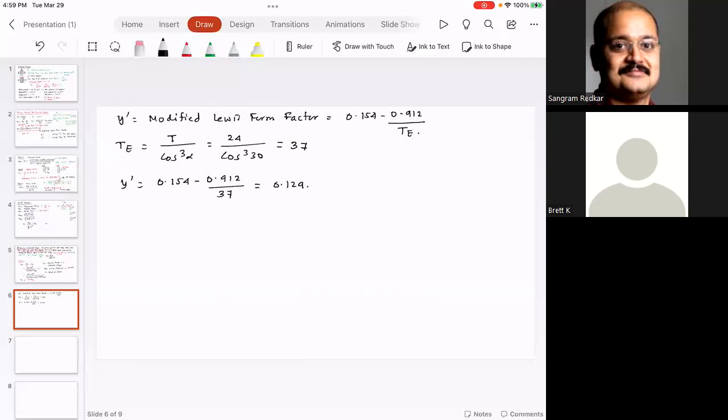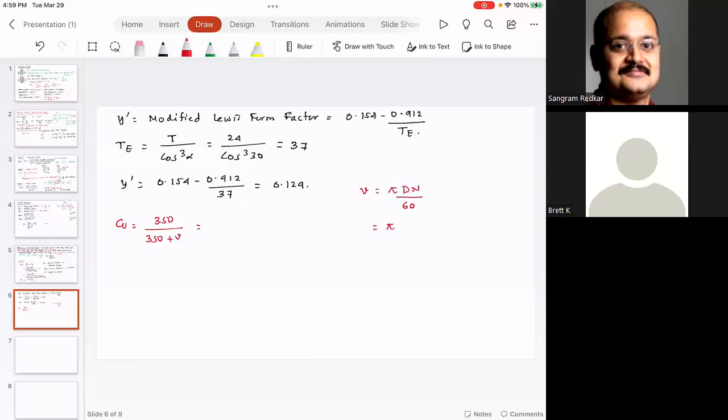Next thing is we want to find out the velocity factor, CV. In this particular problem, the equation for the velocity factor is given to us, which is 350 divided by 350 plus V. V is pi d n by 60.